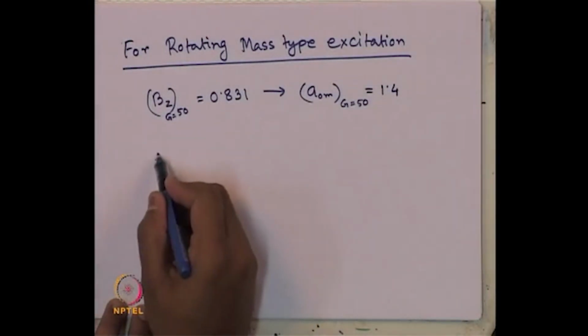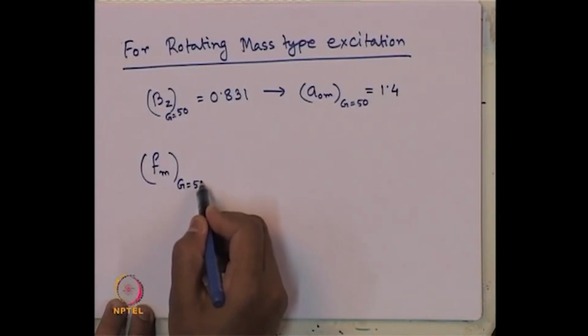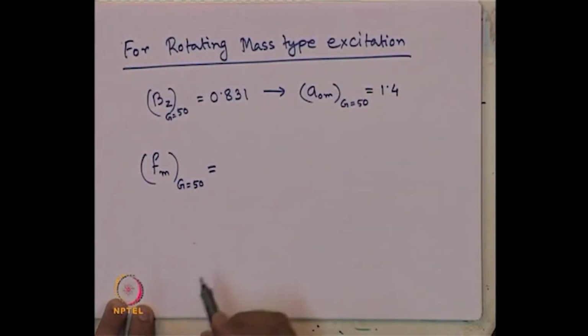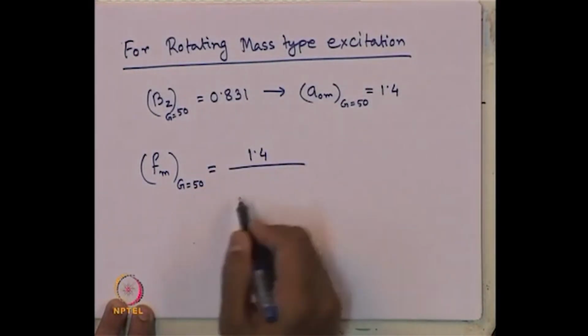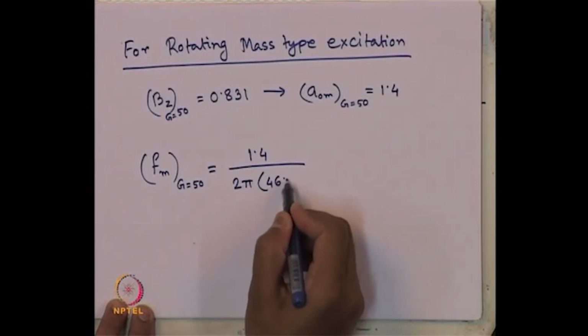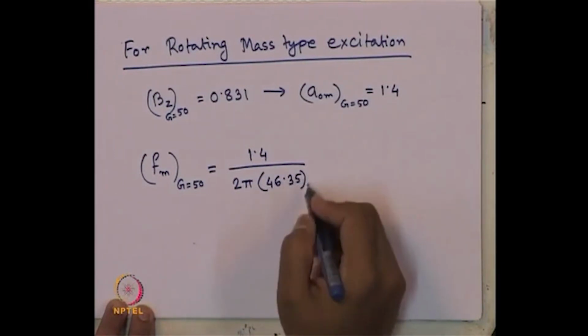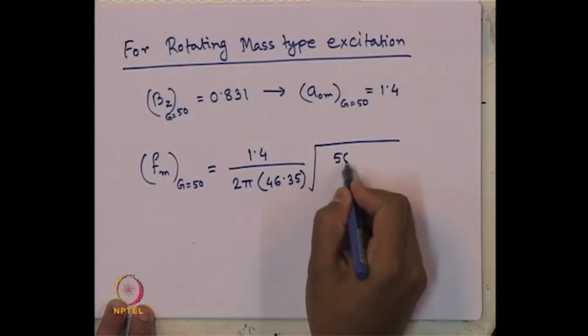So, how much is the value of fm with g equals to 50? fm will be A naught m 1.4 divided by 2 pi, r naught is 46.35, root over g is 50.